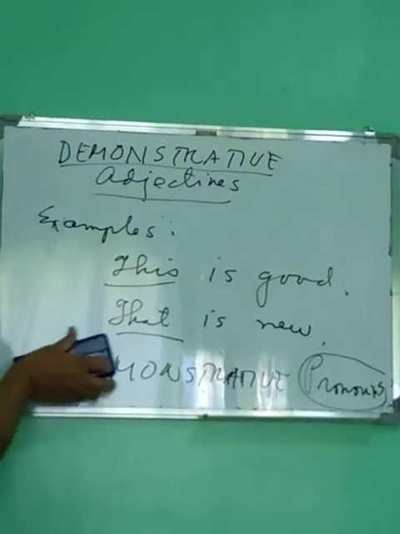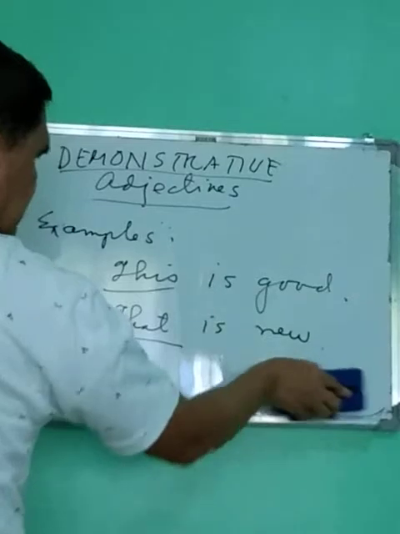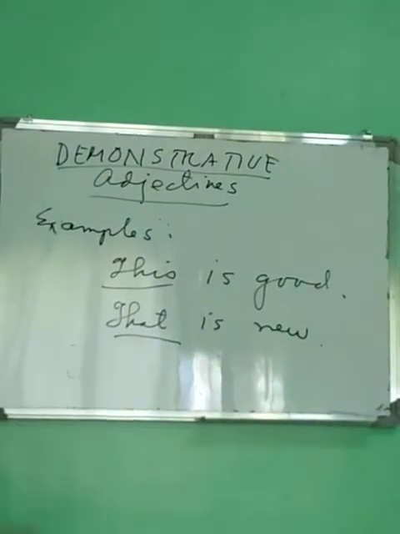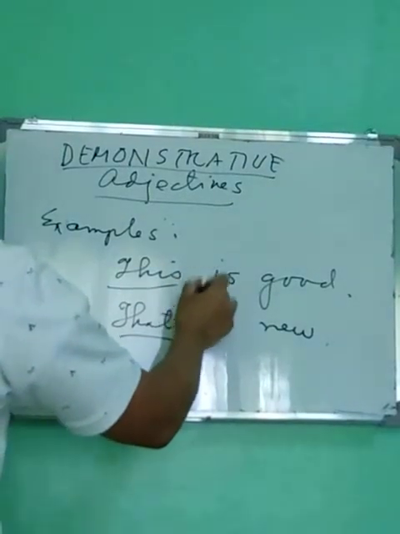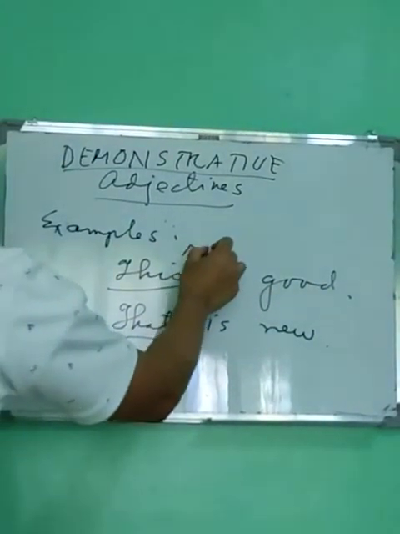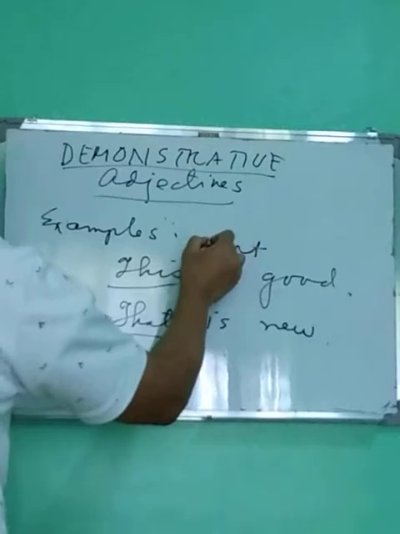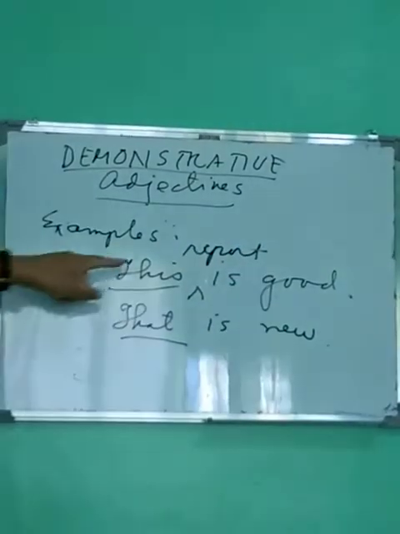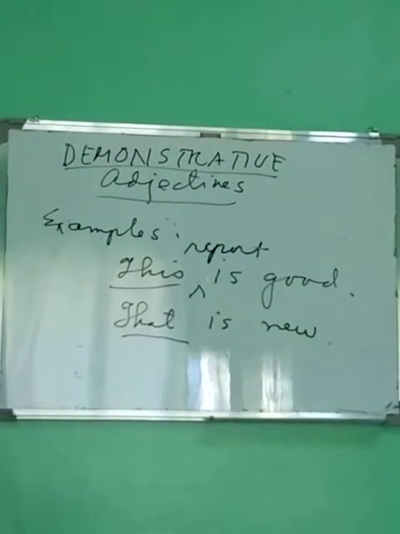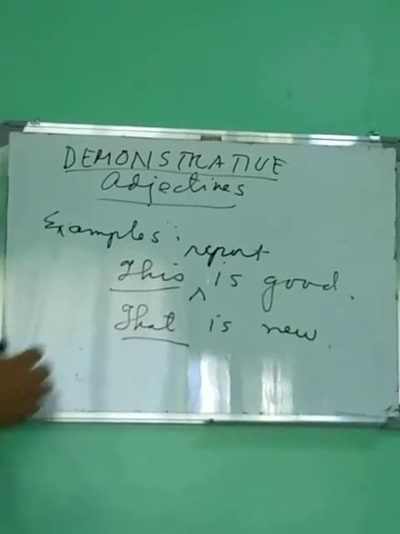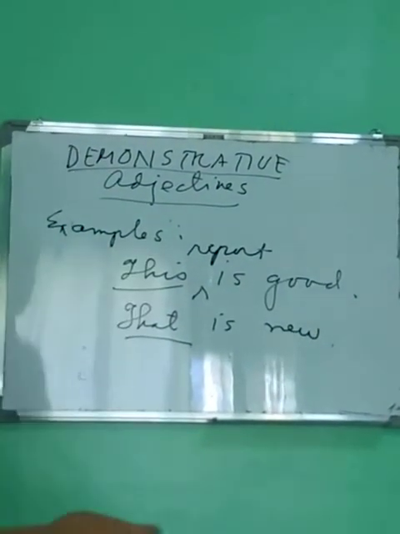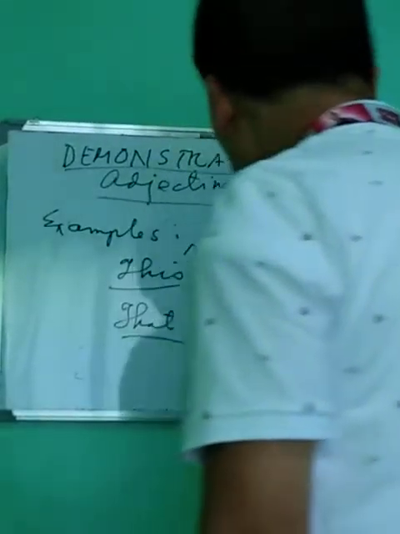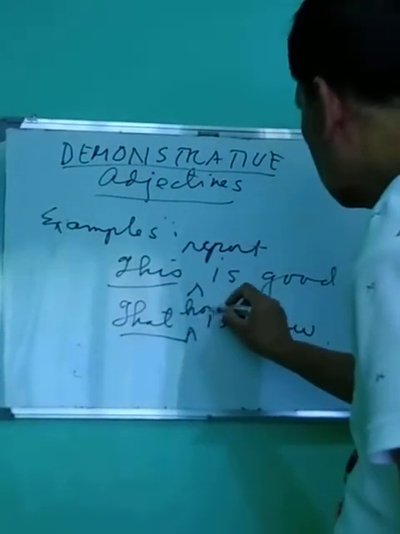Now, let's take this as another example. Instead of saying this is good, I say this report is good. So there is a noun that follows the demonstrative pronoun. This report is good. That house, say for instance, that house is new.